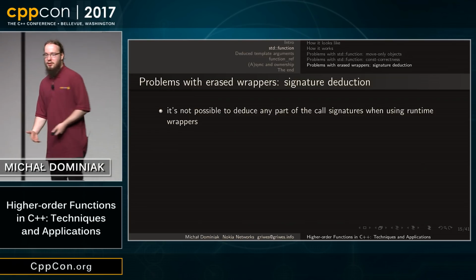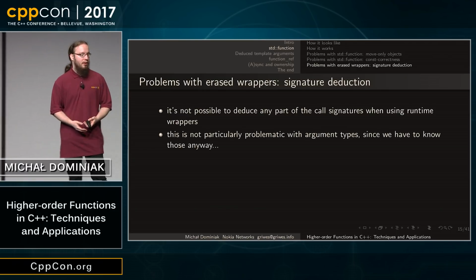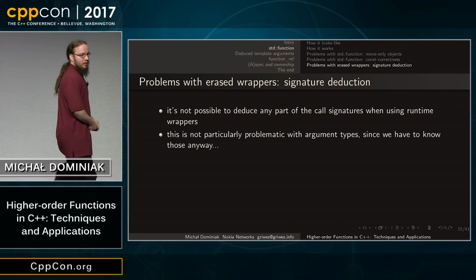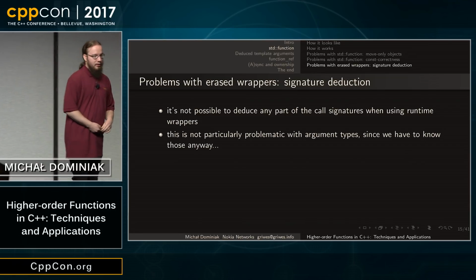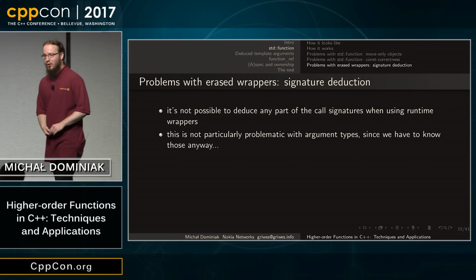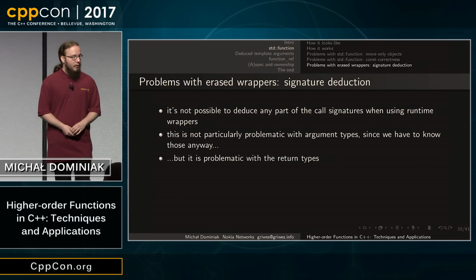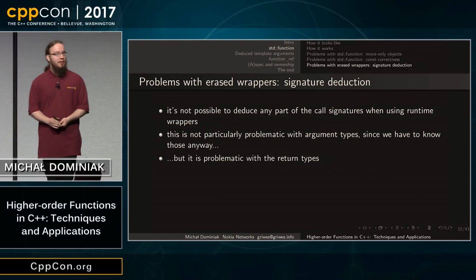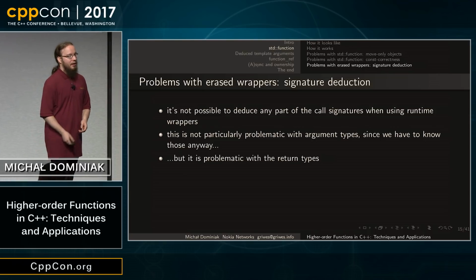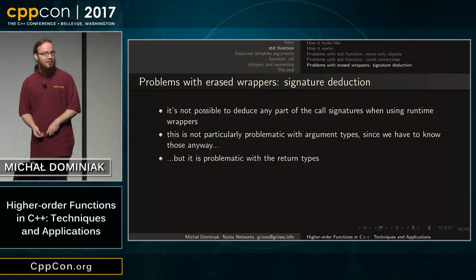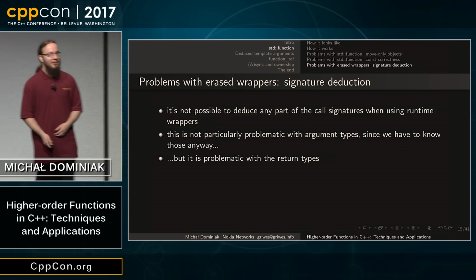We have to know the call signature for this to actually make sense. With argument types, this is not really hard because generally we know with what arguments we want to call a given function, right? But with return types, it can be hard, and there are a lot of questions on the internet. How do I do this? The answer is usually you don't.